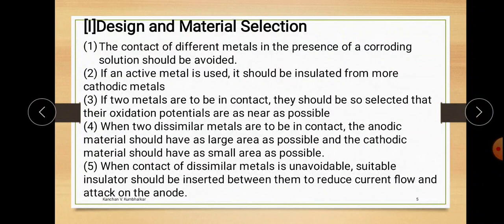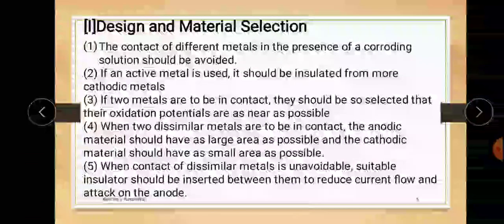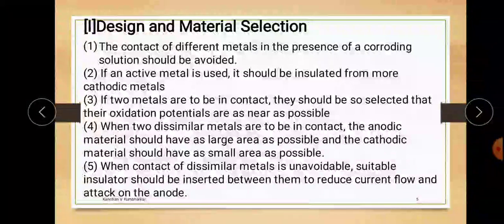Third point, if two metals are to be in contact, they should be selected so that their oxidation potentials are as near as possible. This point depends on the electrochemical series. If there is a very large gap between the oxidation potentials of two metals, then their rate of corrosion is very high.